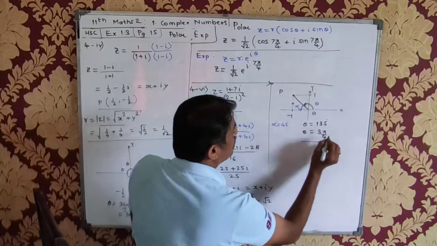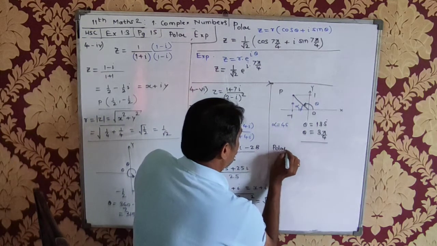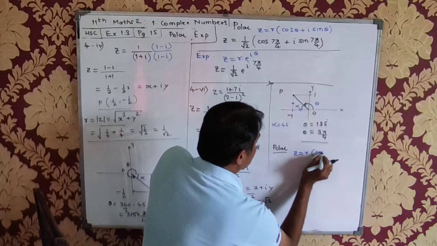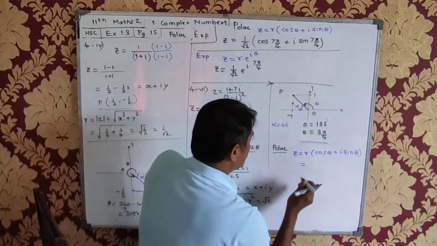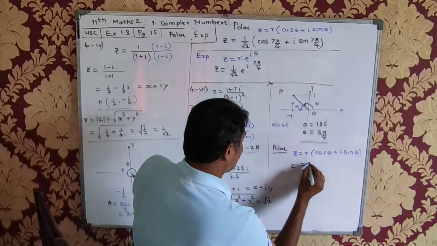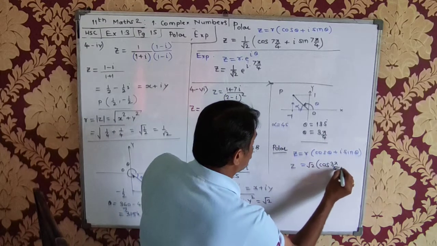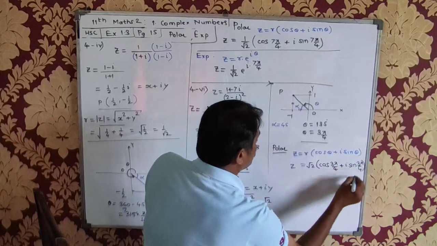Is that okay? Correct? Therefore, what is the polar form? Z is equal to R into cos theta plus i sin theta, that is Z is equal to root 2 times cos 3 pi by 4 plus i times sin 3 pi by 4.